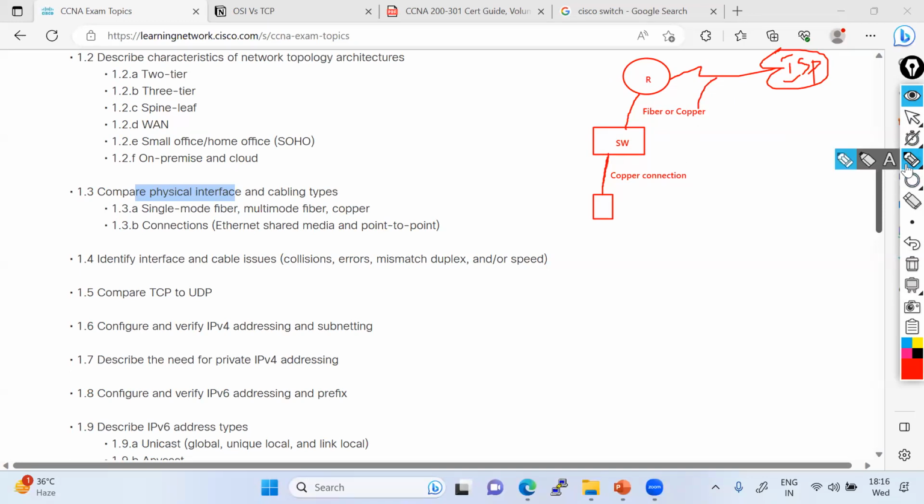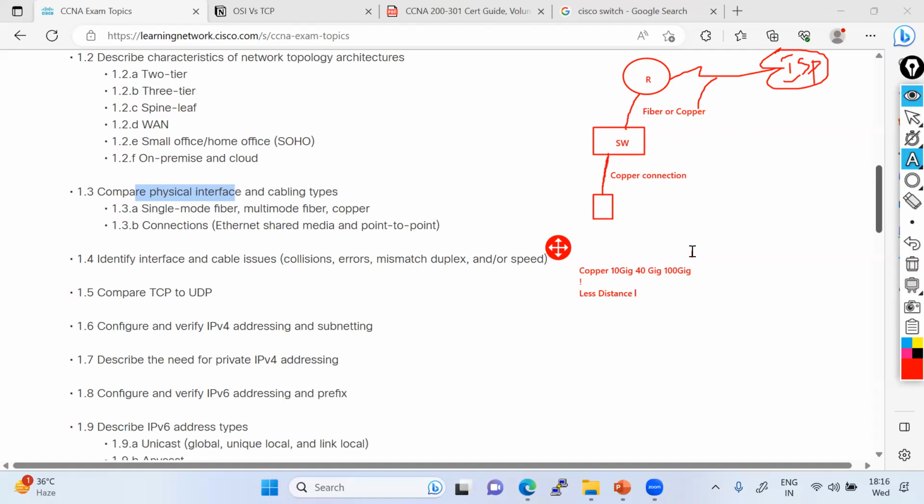If I'm talking about copper, it has limitations. Copper can support 10 gig circuits, 40 gig circuits, 100 gig circuits. It's absolutely fine, and it can support even more than that. But the problem with copper is that it supports less distance.